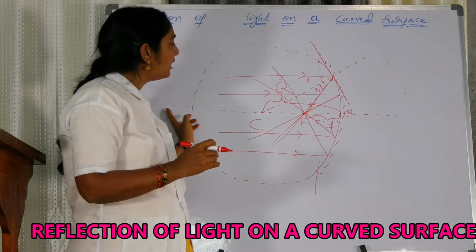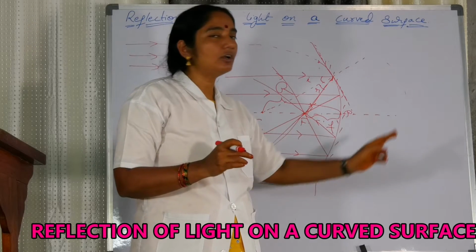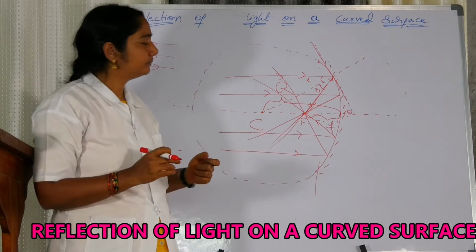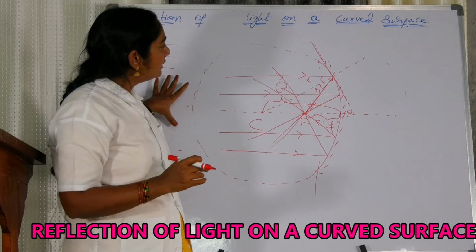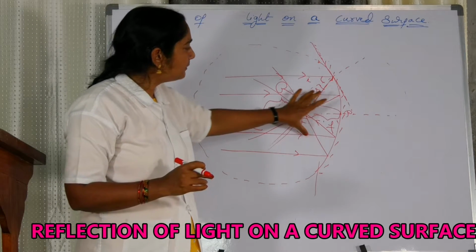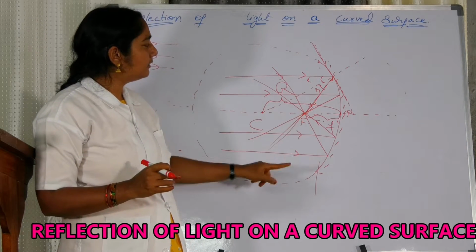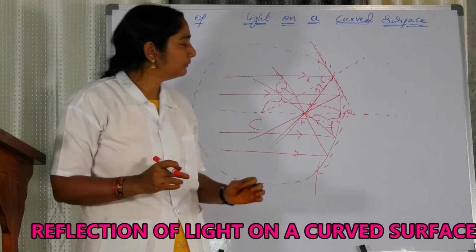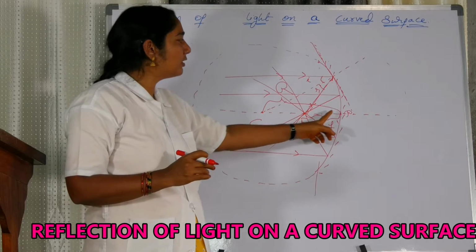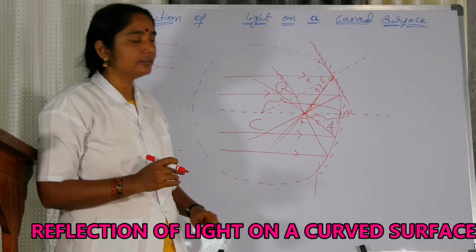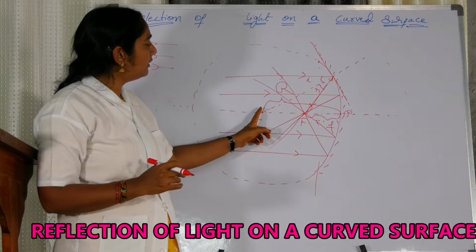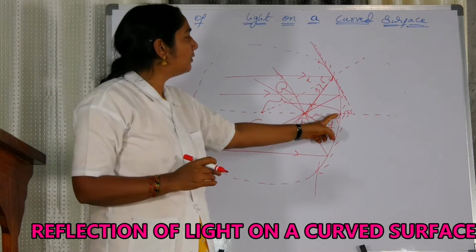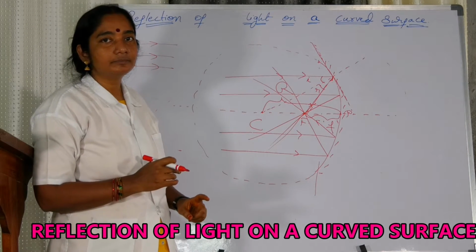The imaginary line drawn joining them is called the principal axis. A parallel beam of light passing through converges at a point. That point of convergence we call the principal focus. The distance between the principal focus and the pole is called the focal length, and the distance between the center of curvature and the pole is called the radius of curvature.